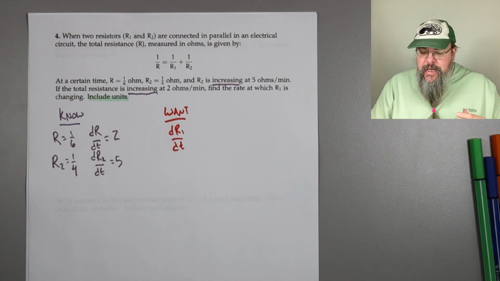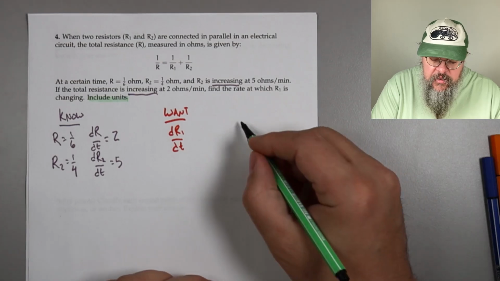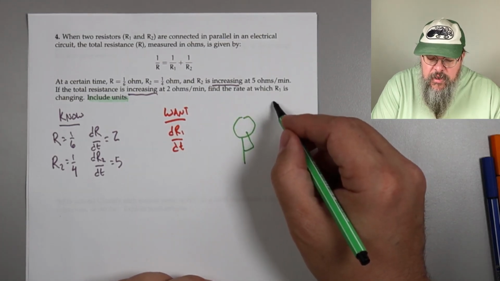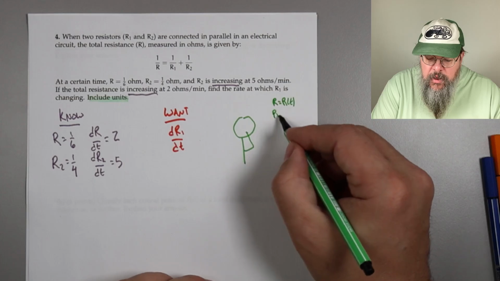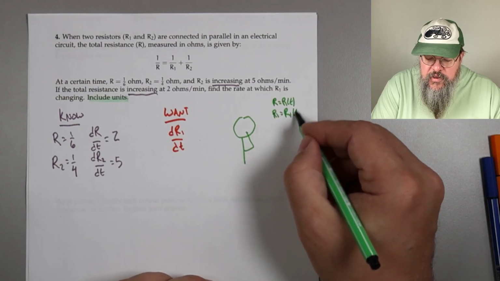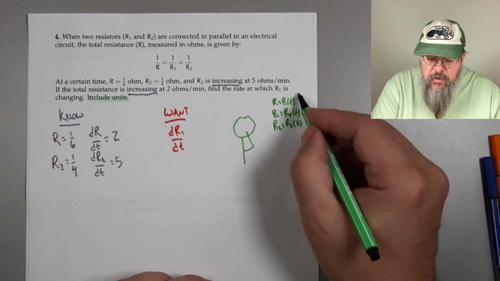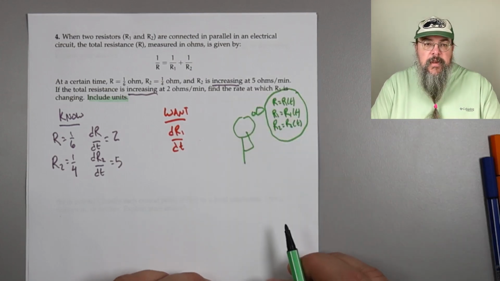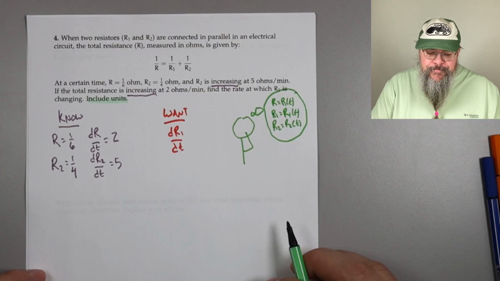So when you're looking at a related rates problem, the key here, and this is our thought process, is we look at this and say, well, really, R is a function of t. R1 is also a function of t, and R2 is also a function of t. So really what we have is 3 functions of t. So we're going to take the derivative of this with respect to t.